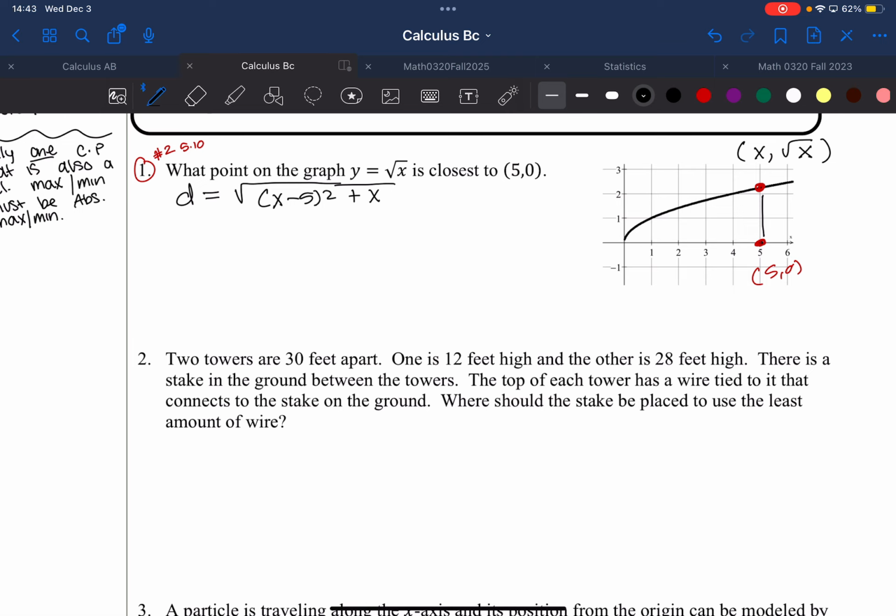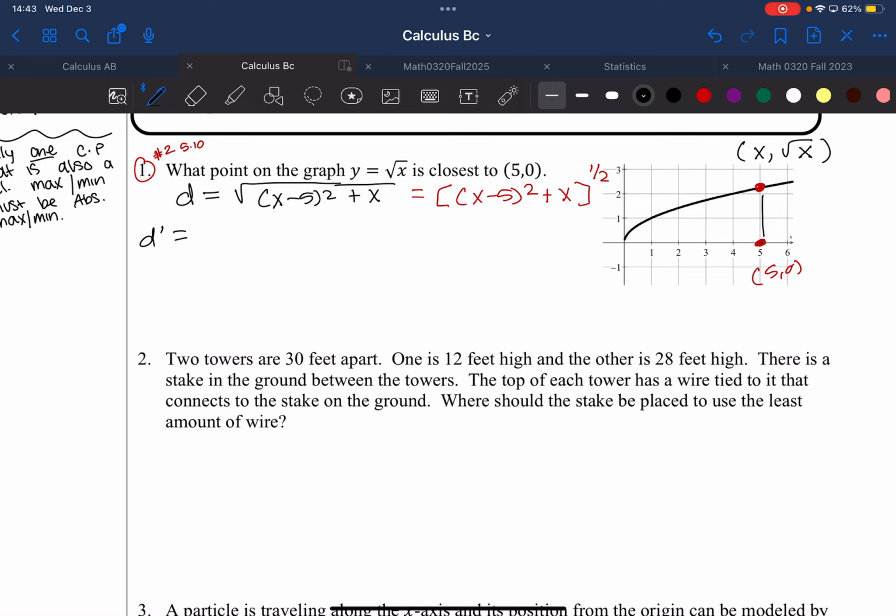So in order to find the point closest to 5, 0, we're going to take the derivative and then set that derivative equal to 0. So we know that another way to rewrite this radical is to write it as an exponent. So this could be x minus 5 squared plus x to the 1/2 power, which makes it easier for us to take the derivative by using the power rule and then eventually the chain rule.